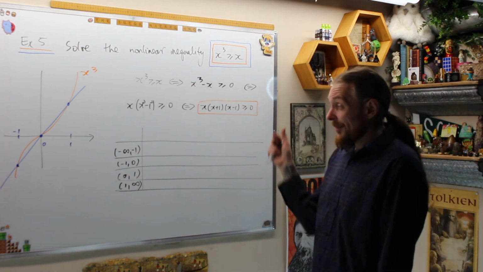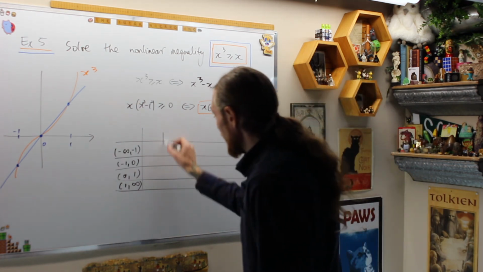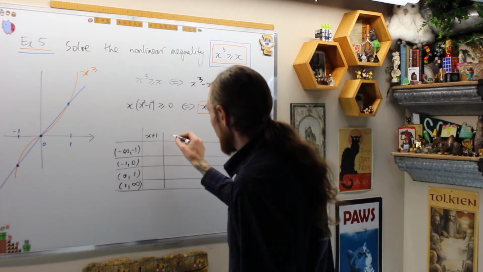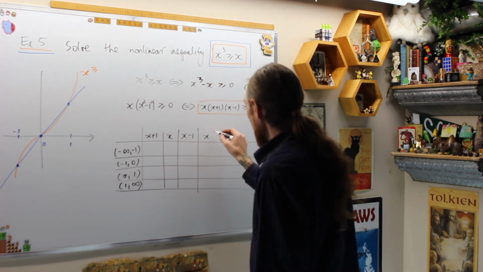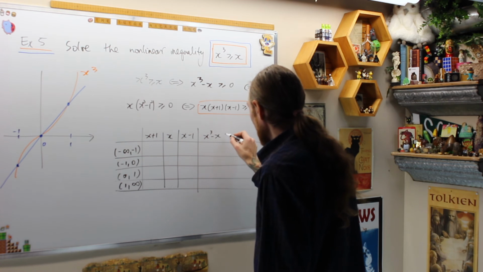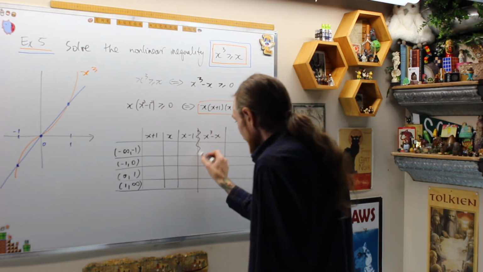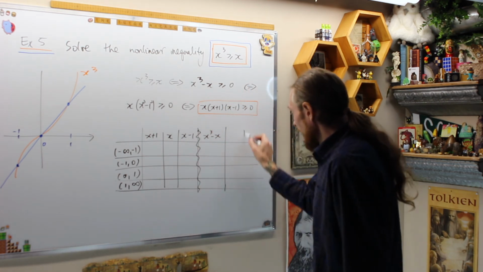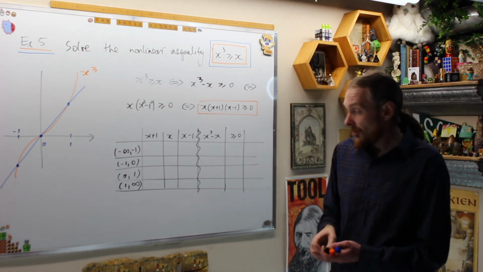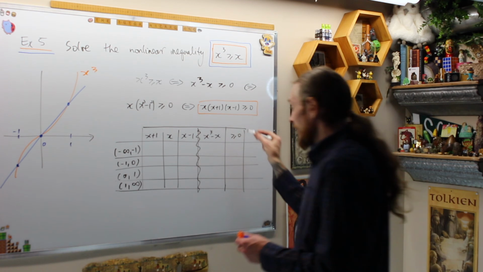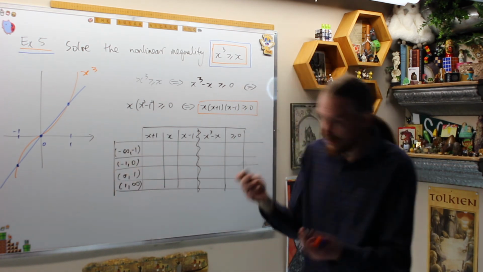And now I want to know when I'm greater than or equal to 0. What I do is I list all my linear factors. And then this is x cubed minus x, which is their product. And I want that to be greater than or equal to 0. So now with this chart, what I can systematically do is make it look pretty first.